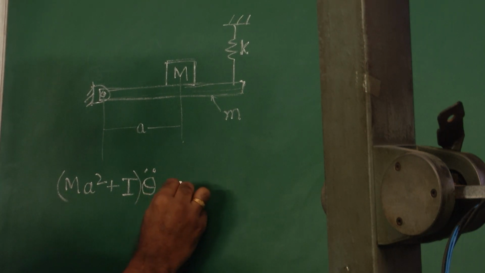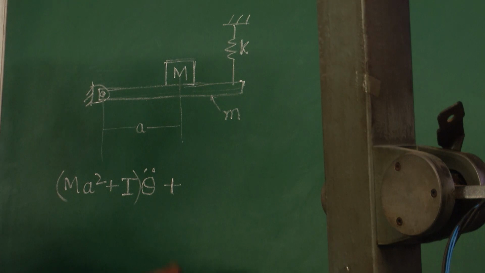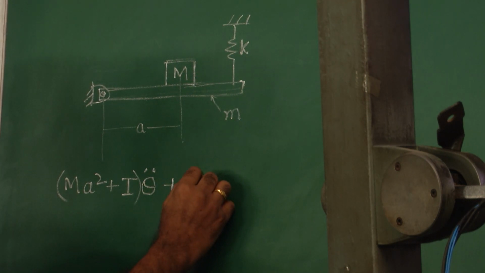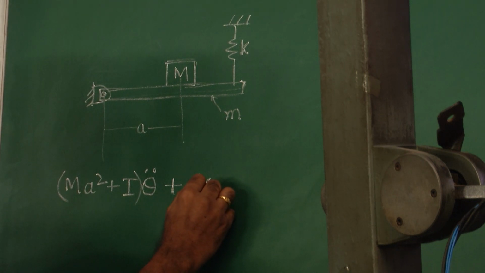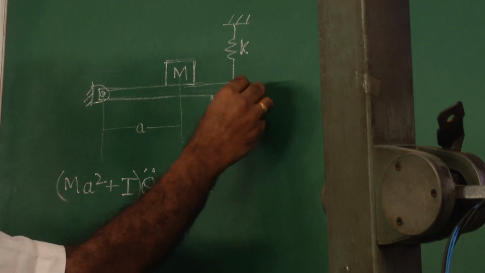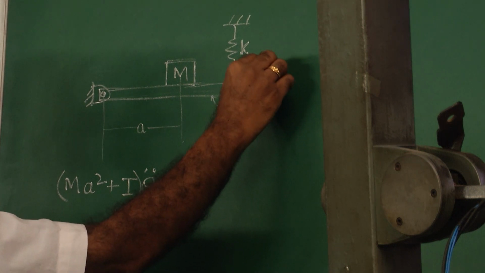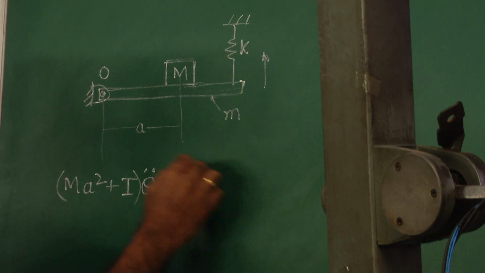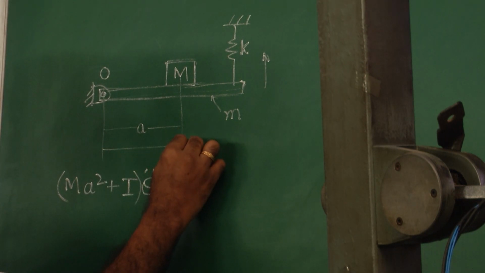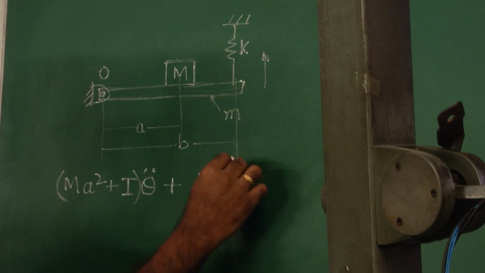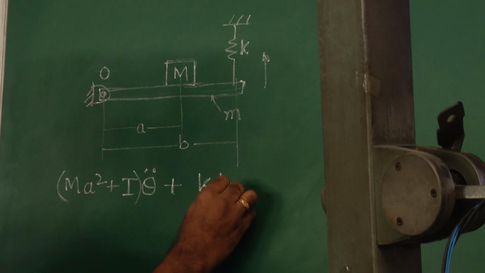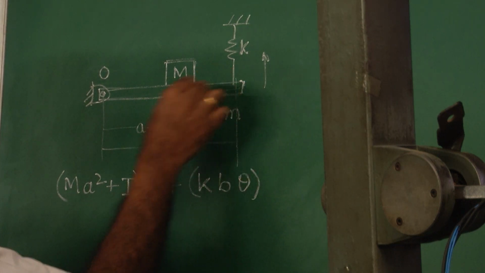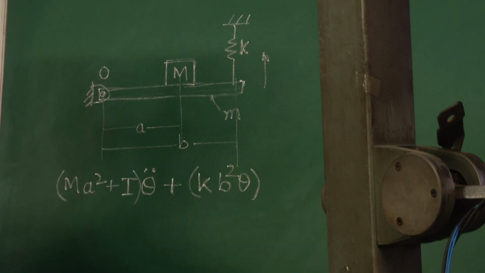And the other term that is expected is because of the spring, and that spring is going to create a restoring torque or restoring moment about this fulcrum, and therefore, if this distance is taken as b, then this is going to be k b theta, and the distance will again make it b square.